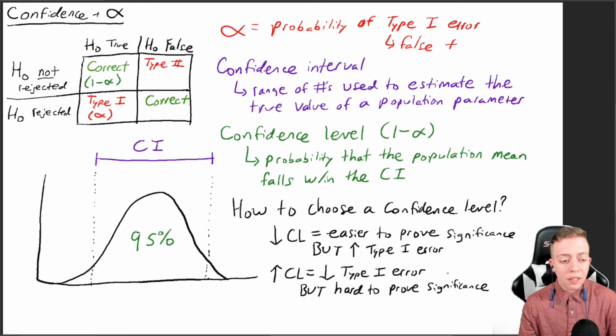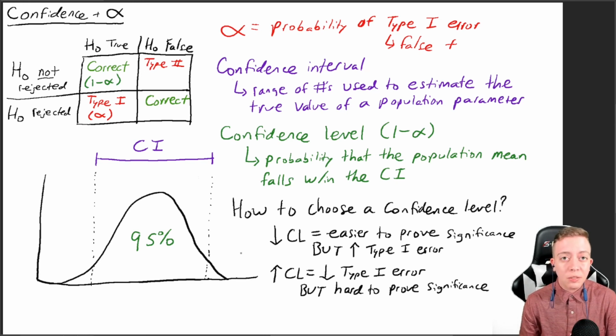So if I want my confidence level to be 99%, I want the range here to be 99% likely to have the population mean in it. That would mean that I would need a 0.01 or less p-value in order to prove significance.